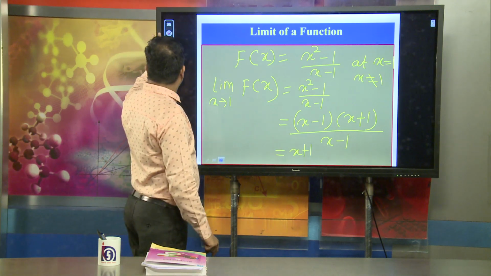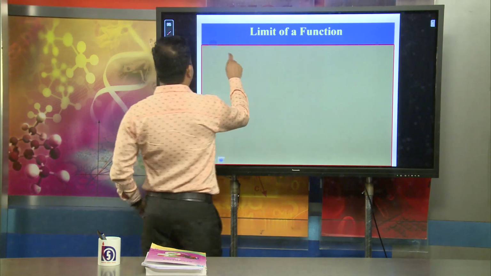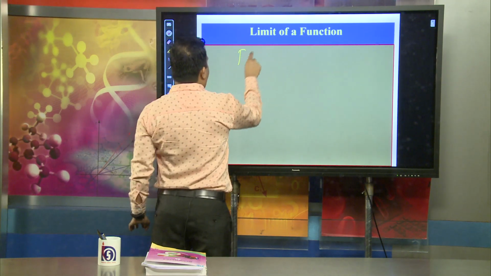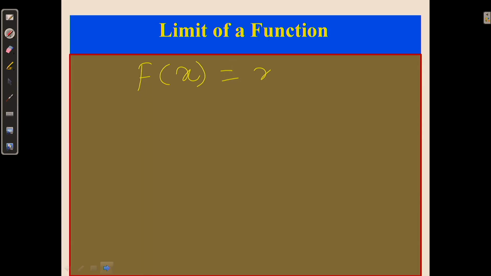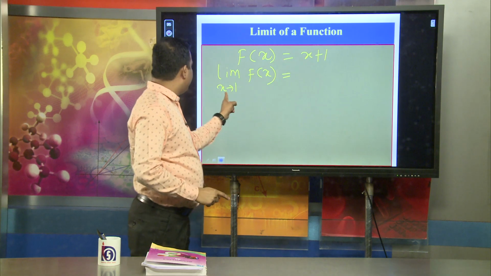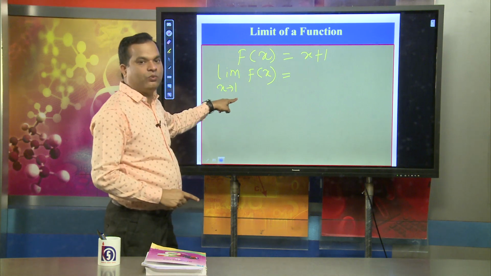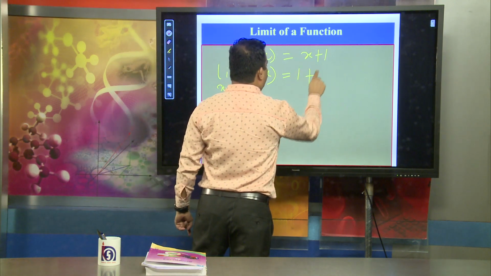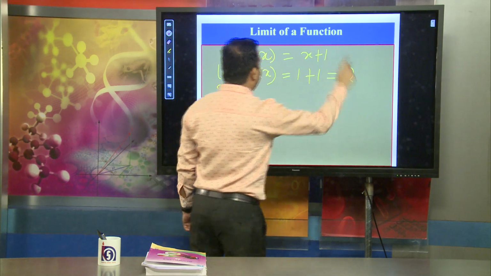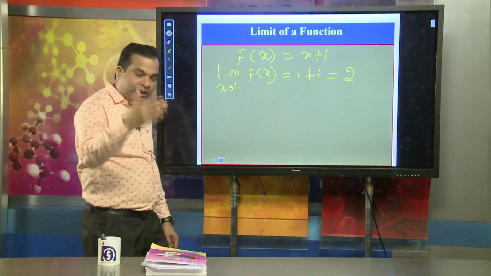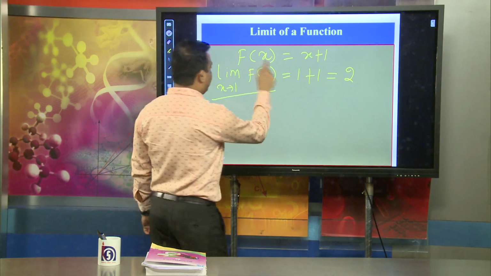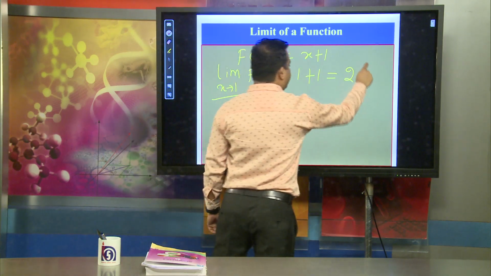Now limit x tends to 1 of f of x: in place of x I can put the value 1, because x approaches 1. So 1 plus 1 equals 2. So the limit of the function f of x is 2.